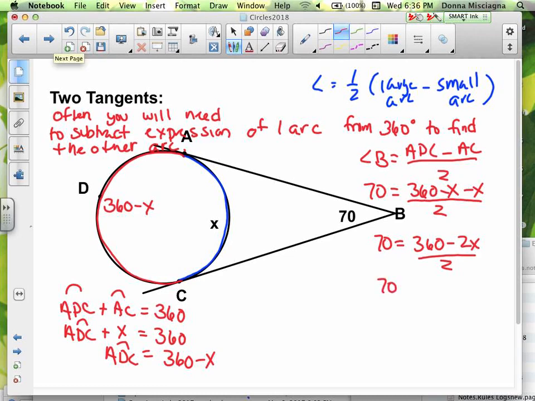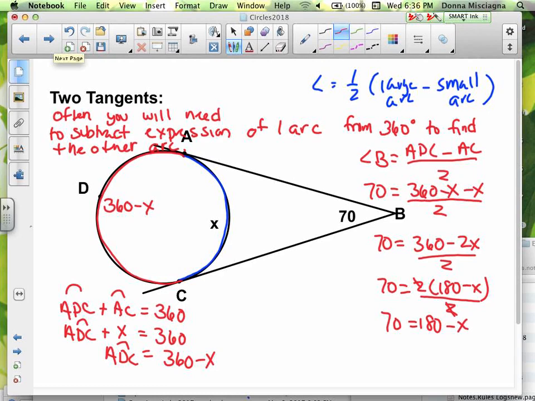You do have to divide both terms by 2. So 70 equals 180 minus x. And a better way to think of this is we'd have to factor out a 2 here. So only do this if the numbers are both even. Otherwise, you may have a harder problem to solve. So I could say that 70 is equal to 180 minus x.